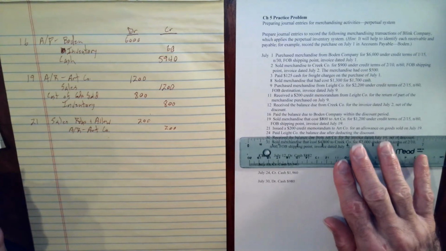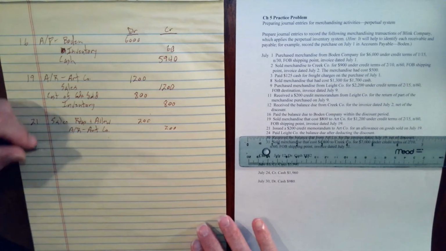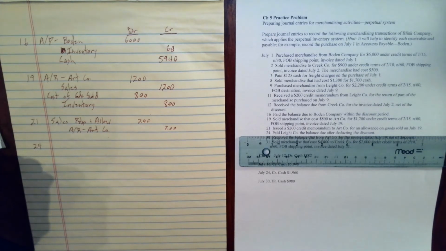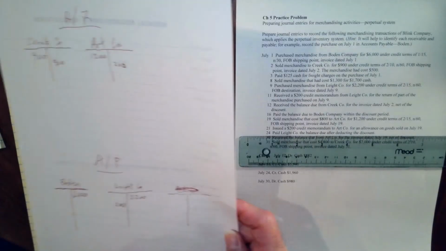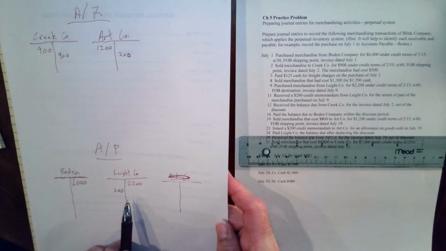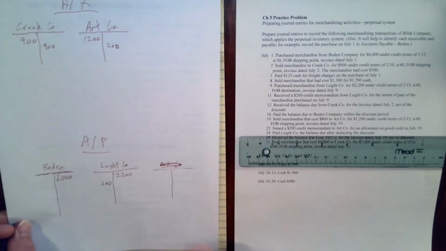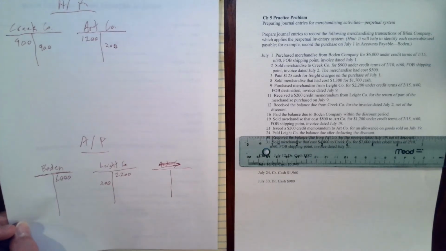Okay. On the 24th of July, we paid Light Company the balance due after deducting the discount. And Light Company was right here. We have an accounts payable outstanding of $2,000 netted out, okay, because of $2,200 minus the $200.